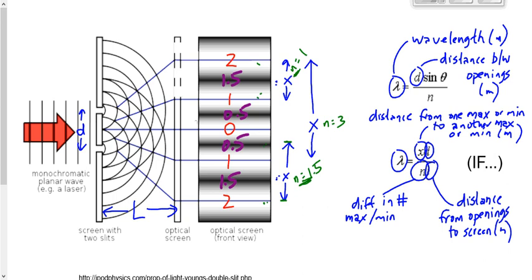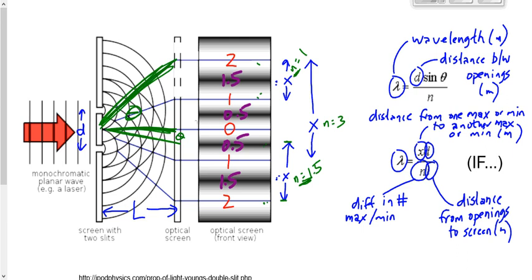Finally, we have one more variable here, and that's theta. Theta is an angle, of course, measured from the central max, always measured from the central, to wherever you want. This could be theta, from the central max to the second order max, or this could be theta, from the central max to the first order minimum.